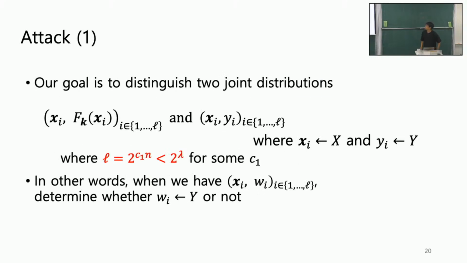So our goal is to distinguish two joint distributions when you have exponentially many samples. In other words, given exponentially many samples xi, omega i, our goal is to determine whether omega i comes from y or not.